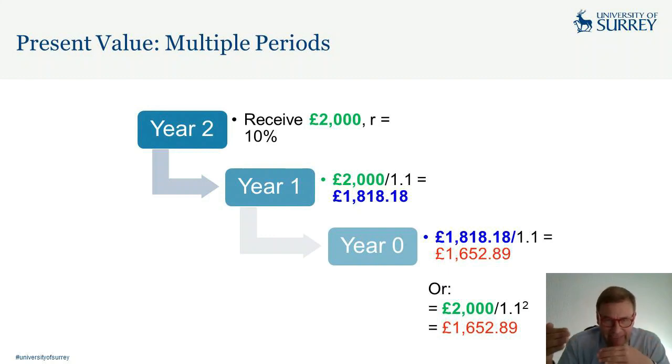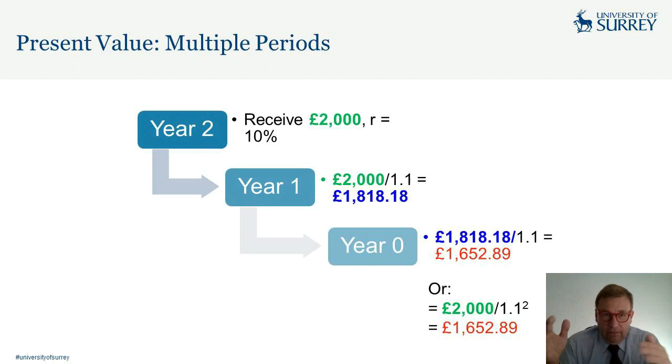So when we discount it to year 1, it will be 2,000 divided by 1.1. We already know this from the previous slide. And we will come to the figure of 1,818.18.